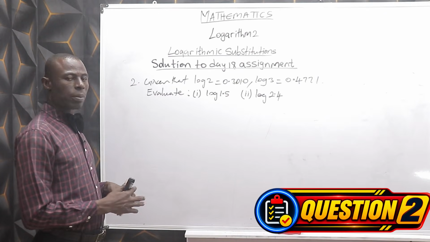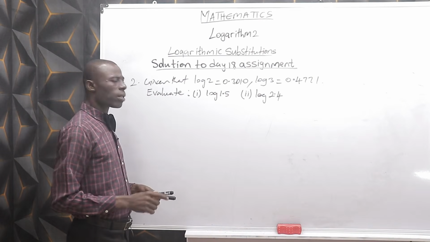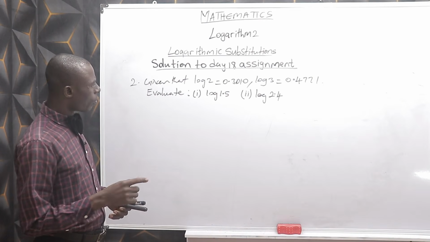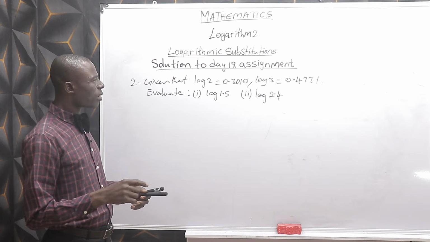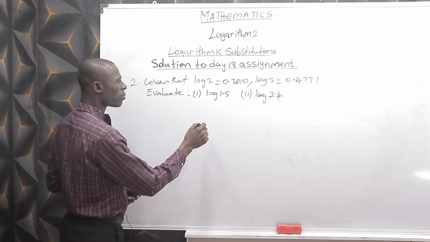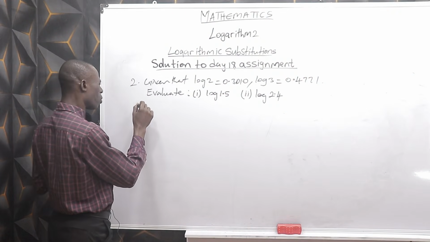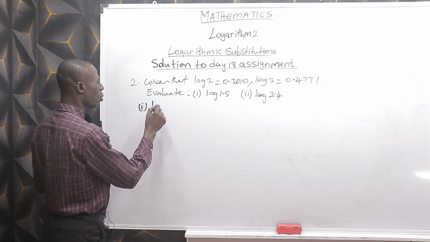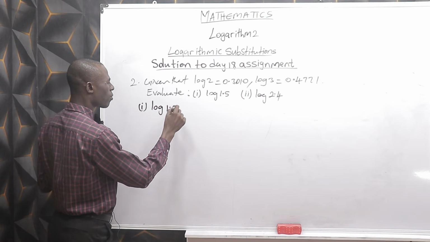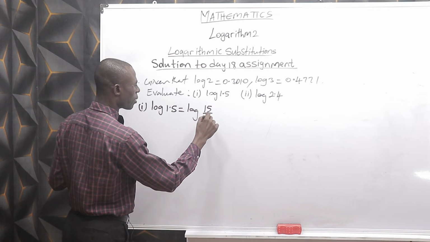Question 2 of the assignment. Given that log 2 equals 0.3010, log 3 equals 0.4771, evaluate Roman 1, log 1.5, Roman 2, log 2.4. Let's start from Roman 1. Log 1.5 is log 15 over 10.